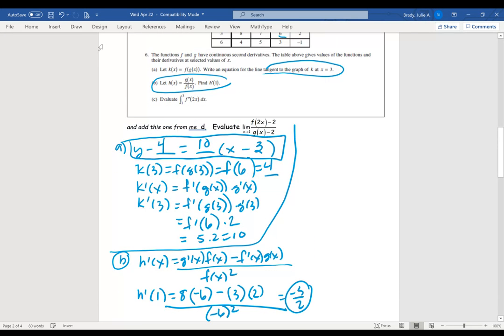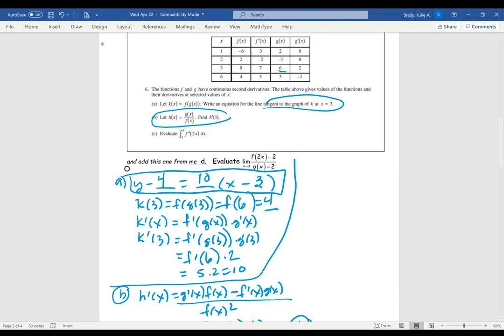Okay. Now let's do C. I love C. You're like, how are you going to evaluate this? They didn't tell me anything about the second derivatives. Oh, this is fundamental theorem, except you have to use substitution. So let u be 2x.